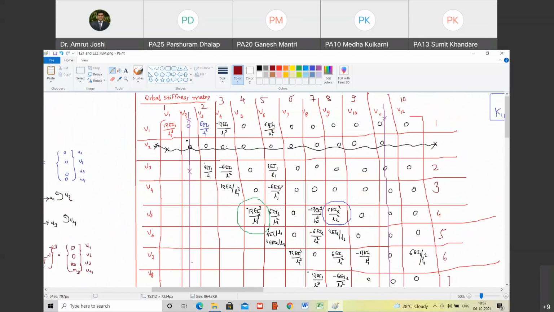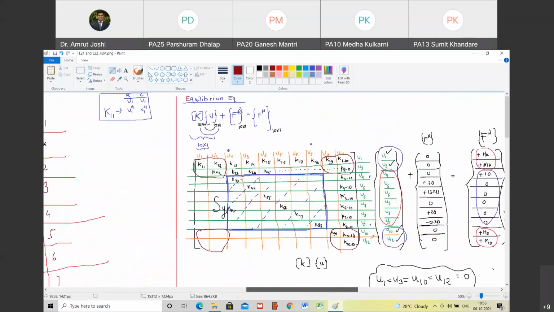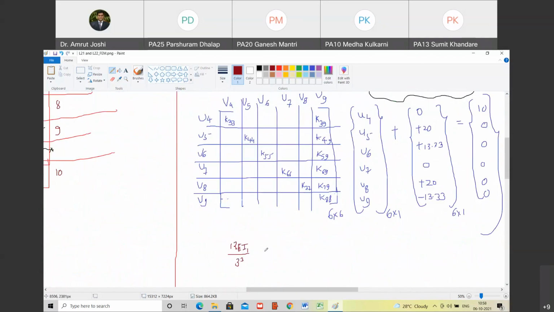Next element is minus 6EI1 upon L1 square. Then 0. All the elements are 0. Happy? Yes, sir. So this is 0. Then third element here is minus 6EI1 upon L1 square. That is 3 square. And the remaining 3 elements are 0. Do you agree with me?